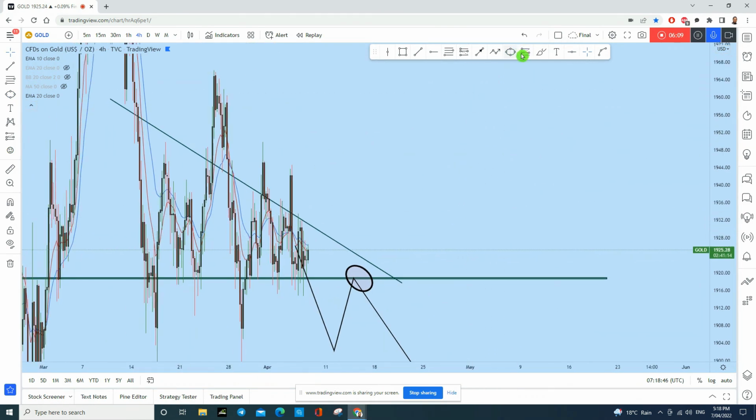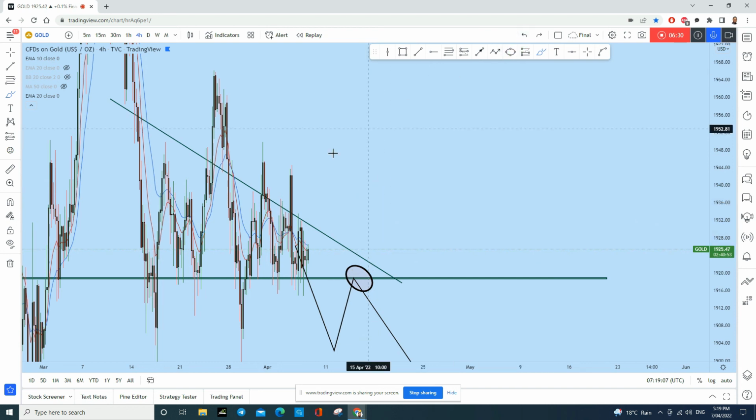On the other hand, if gold creates bullish price action like that and breaks to the upside, you see there is a false breakout here, there is a false breakout here, so it is not impossible that it will again break and immediately come back. That's why we need to wait for a candle close above and then a retest.